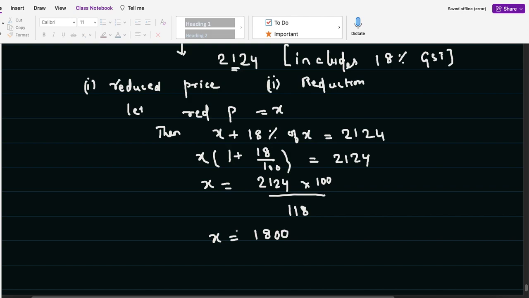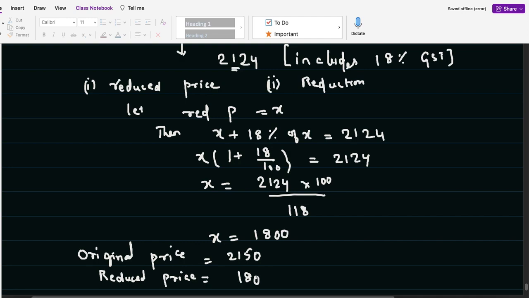So original price is how much? The original price was given in the problem as 2150, and the reduced price is 1800. How much is the reduction?